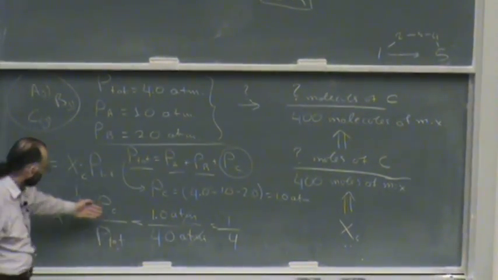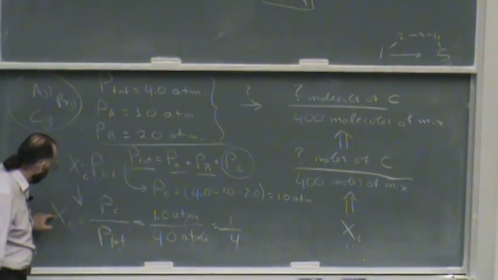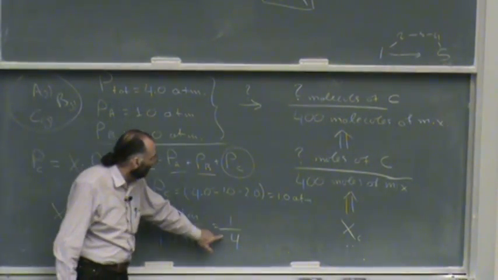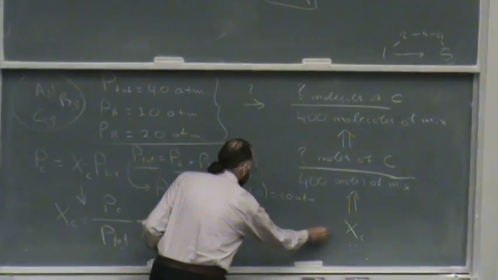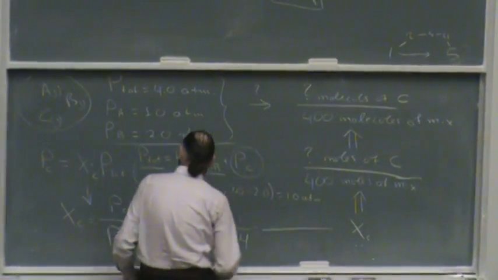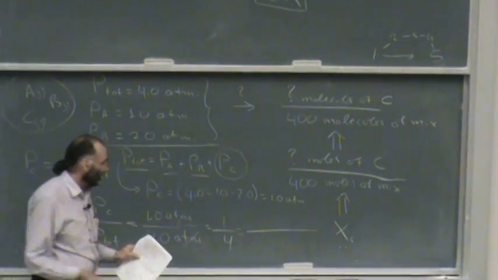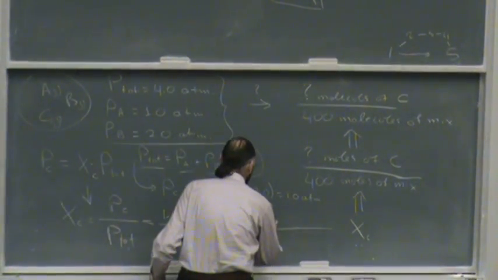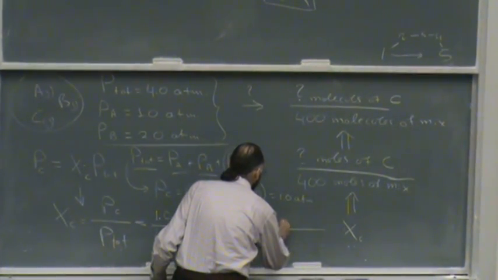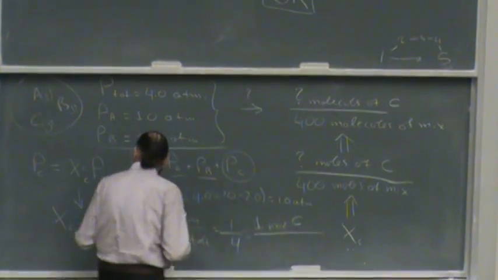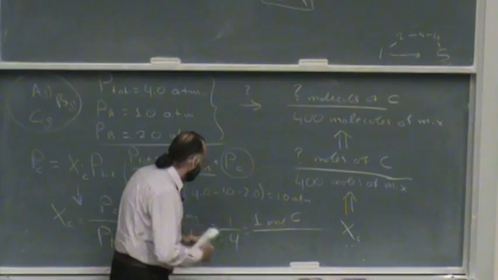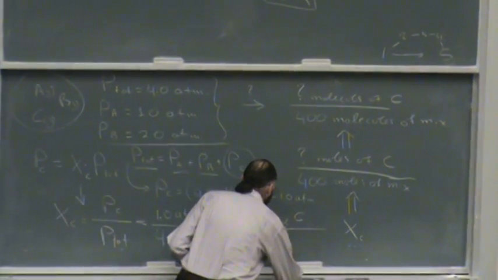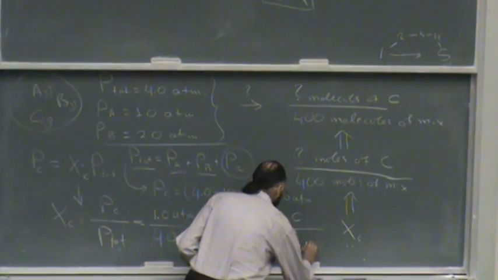Because you see that the mole fraction of C, which is 1/4, is actually the ratio of what? What's the definition of mole fraction? It's a ratio of, you have 1 mole of the gas C, because we're talking about the mole fraction of C, so it's going to be a ratio of moles. 1 mole of C divided by 4 moles of what? Mixture.